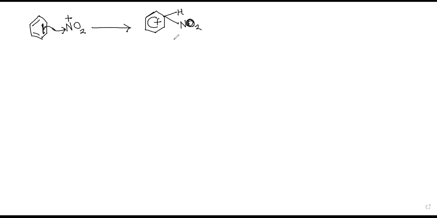After forming this, you now have the hydrogen sulfate. The hydrogen sulfate ions are going to come, and this hydrogen sulfate will pick the hydrogen, meaning at the end we shall form sulfuric acid. The arrow goes to the hydrogen, and as the hydrogen is picked, this bond will stabilize the ring again.